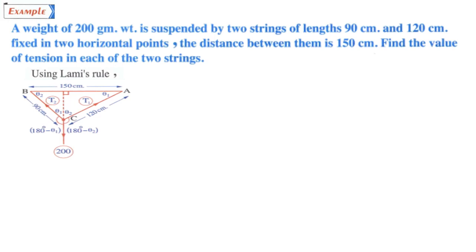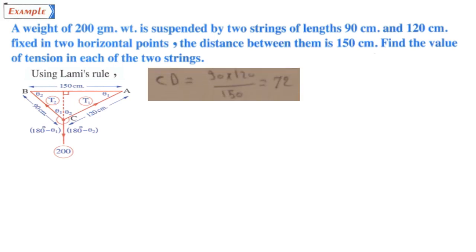Suppose that the angles between the tensions and the vertical are theta 1 and theta 2. From this figure, we can find CD. First, the triangle ABC is right angled because 150 squared equals 90 squared plus 120 squared, which means that the angle C is 90. We can find CD by Euclid's theorem, equals 90 times 120 over 150, which equals 72.